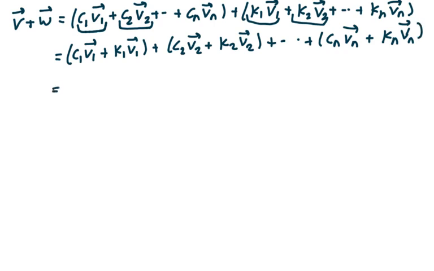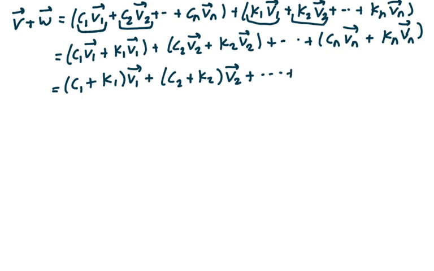And then I got one more step here. This can be written, remember we live in a vector space, so one of the axioms tells us we can write this as (c1 plus k1) times v1 plus (c2 plus k2) times v2 all the way through until (cn plus kn) times vn.